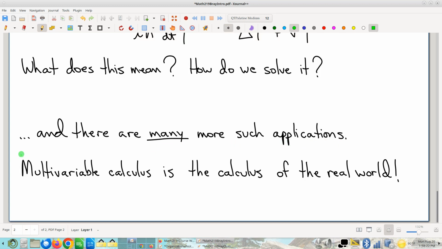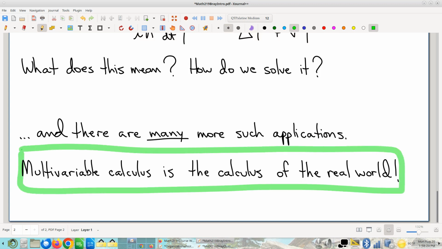So my little summary statement, I think this is actually nice and pithy: multivariable calculus is the calculus of the real world. Recognizing that the world is multidimensional, recognizing that systems tend to involve multiple variables. If you're going to do calculus, realistically, most of the time it's going to be multivariable calculus.